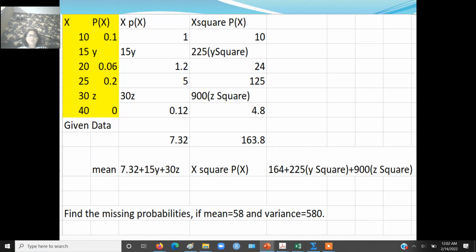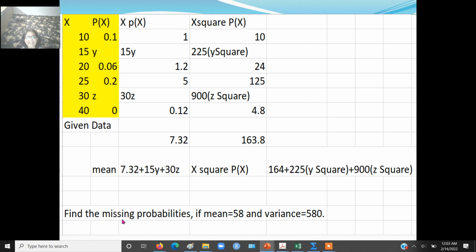Okay, so we have another interesting question. Let's say this yellow part is the given data, and values of the random variable are given and probabilities are given, but you can see that two probabilities are missing. One missing probability is y, the other is z, and we have to find these.